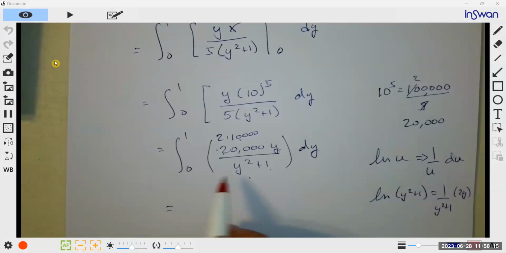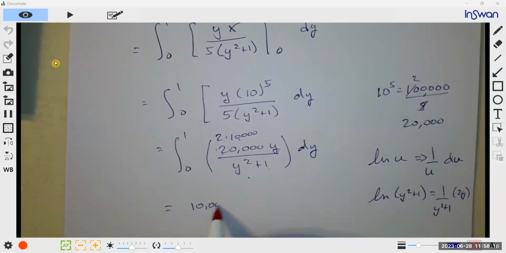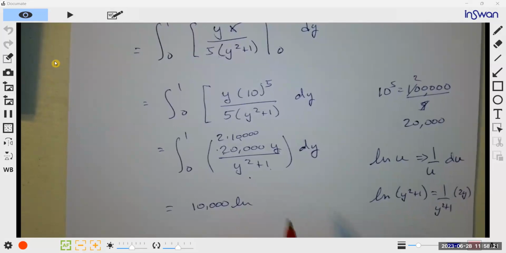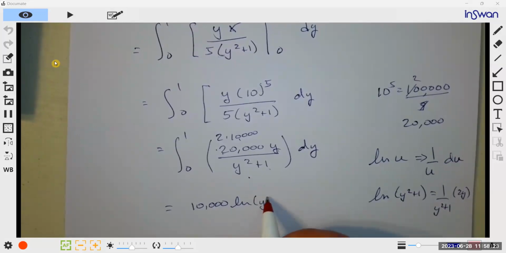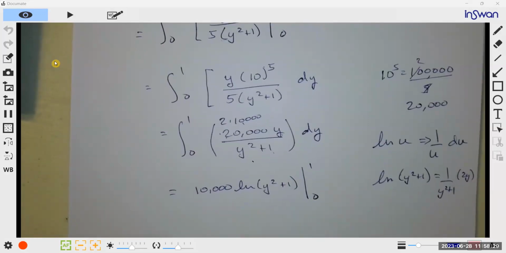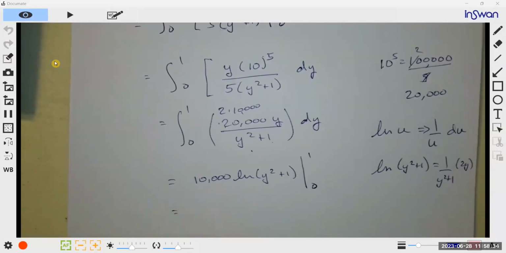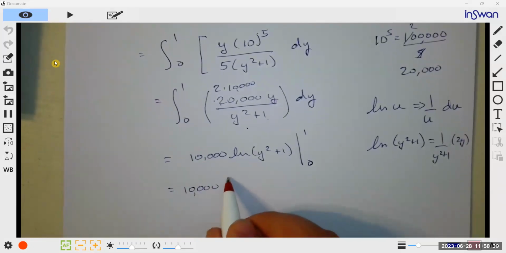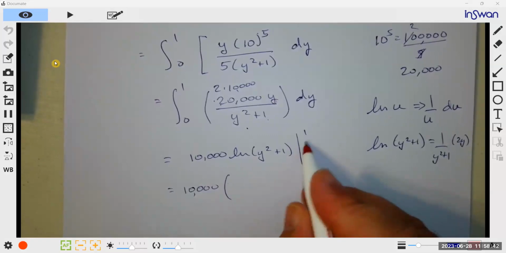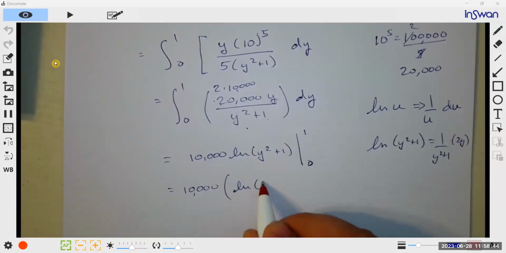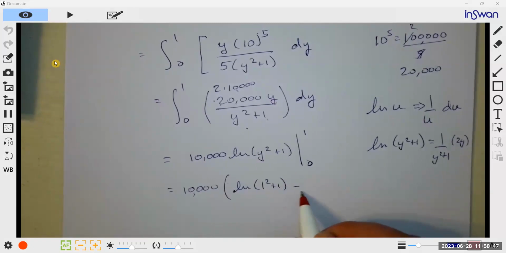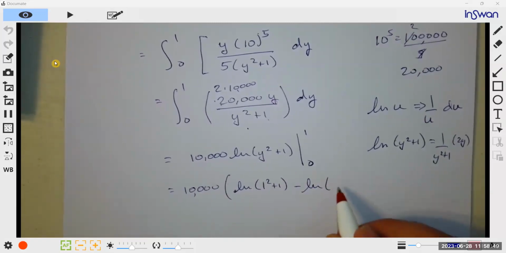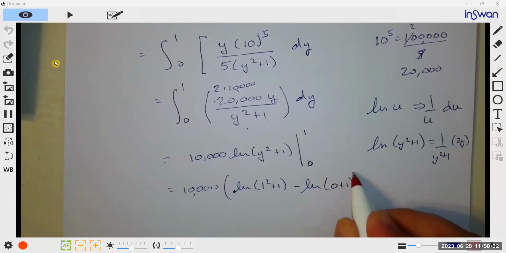So our integral is 10,000 times ln of y squared plus 1 from 0 to 1. The first one, we have ln of 1 squared plus 1 minus ln of 0 plus 1.